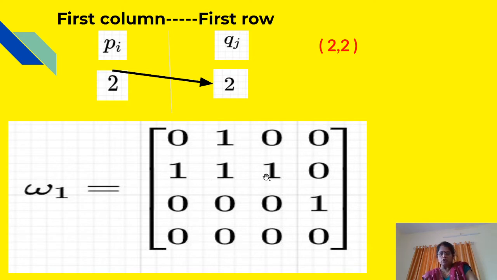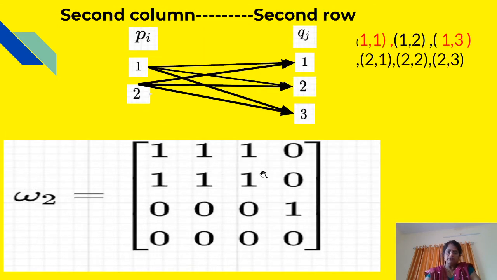In the second row, there are ones in the first, second and third positions, and therefore our Pi will be 1, 2 and our Qj will be 1, 2, 3. Therefore, 6 pairs will be created using 1, 2 with 1, 2, 3.